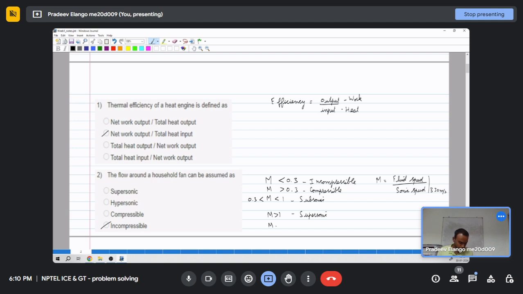Mach number far greater than 1, like greater than 10, is called hypersonic. Is it clear?